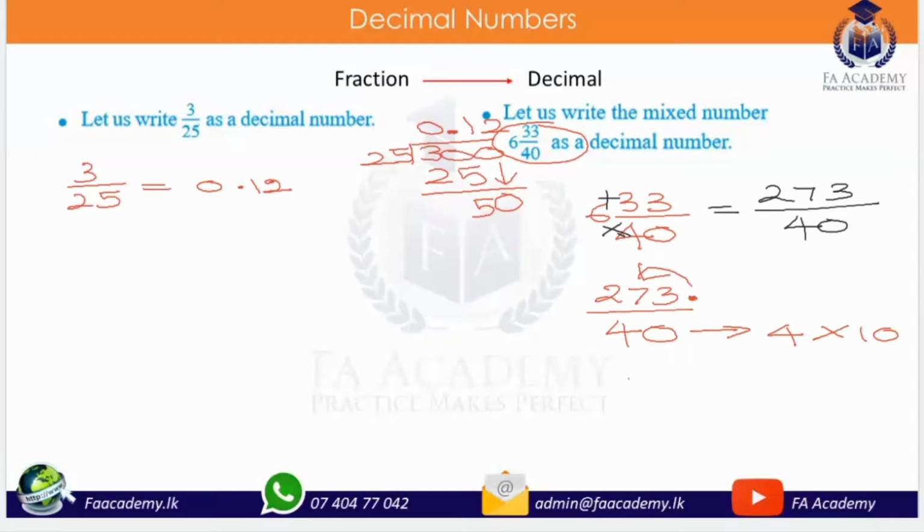Then you get the answer 27.3 divided by 4. To make it easy, I first divided by 10, and then I need to divide it by 4. So I'm going to divide 27.3 by 4.